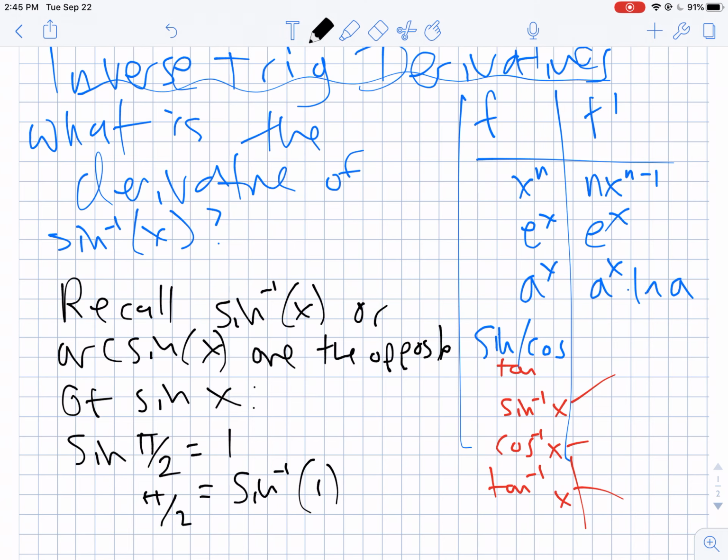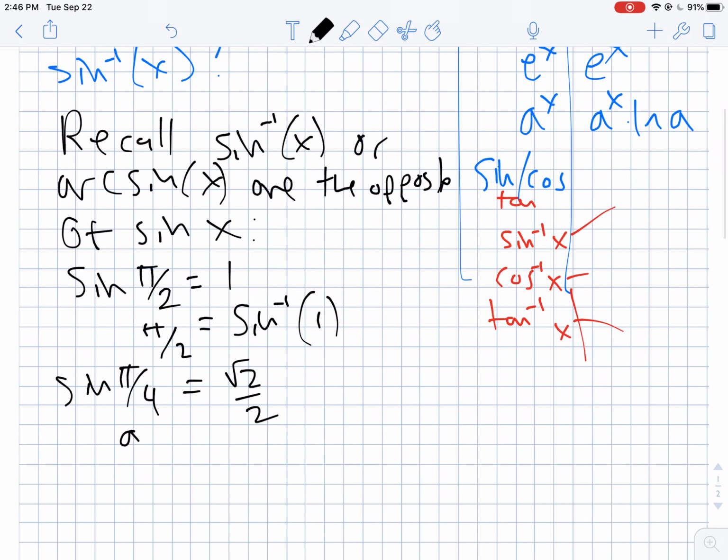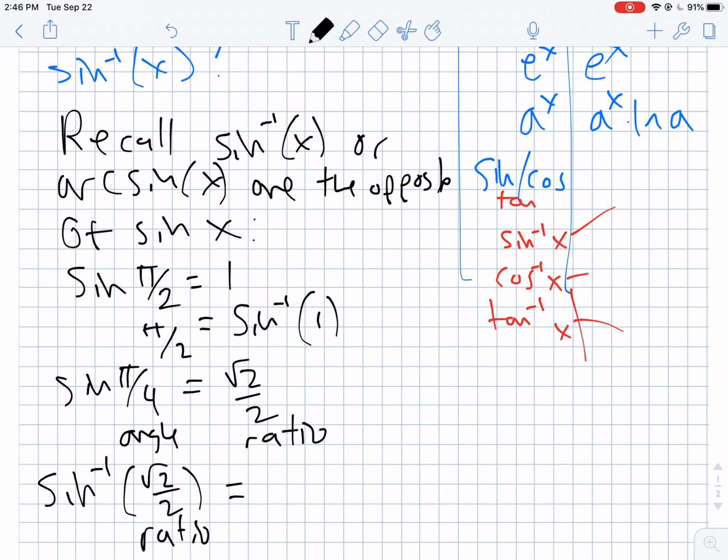It's the opposite, right? If you take the sine of pi over 4, you get rad 2 over 2. You take the sine of an angle and it gives you a ratio. And when you take the inverse sine of a ratio, it gives you an angle.